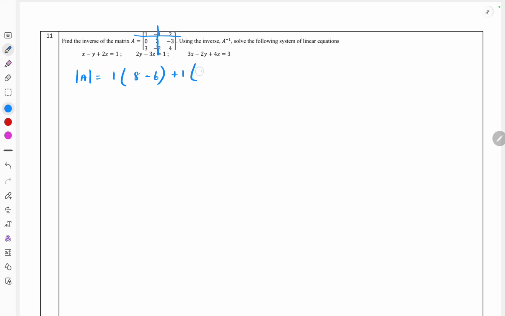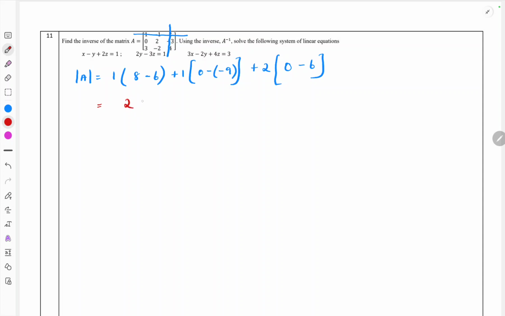So 0 into 4 is 0, minus, put bracket, minus 3 into 3 is minus 9. Next I am taking the element 2. Delete the row and the column in which 2 is present. So it will be 0 into minus 2 is 0, minus 3 2s are 6. So the first answer will be 8 minus 6, equal to 2.